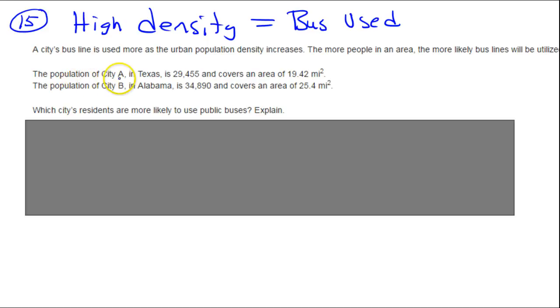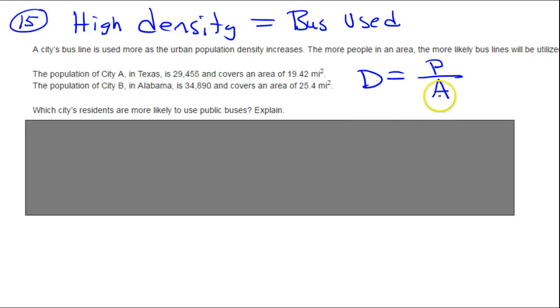Population of city A in Texas is 29,455 and covers an area of 19.42 square miles. Okay, so keep in mind that population density is the population divided by the area covered.